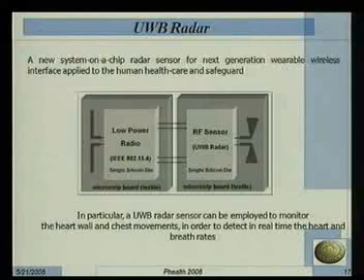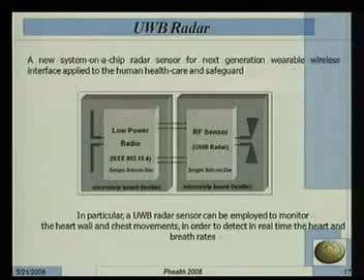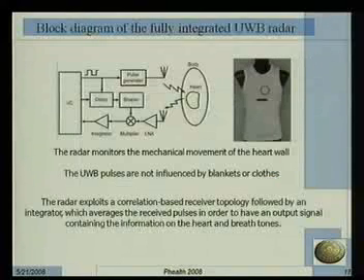Here the idea we are pursuing is to integrate into a single silicon die the low power radio, the low power supply, and the radio frequency sensor. In this case, the antenna should be placed on the garment and connected to this chip.